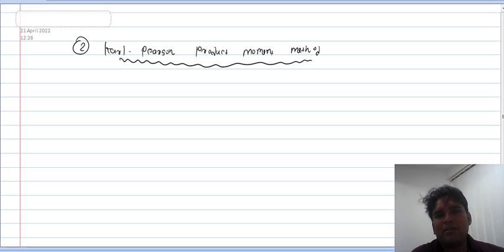But in the Karl-Pearson product moment method, we are able to know the nature of correlation as well as the degree of correlation. That means in the Karl-Pearson product moment method, we will find the correlation coefficient, that means R. Right?